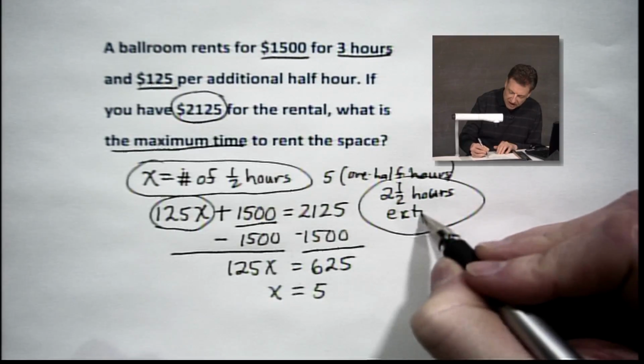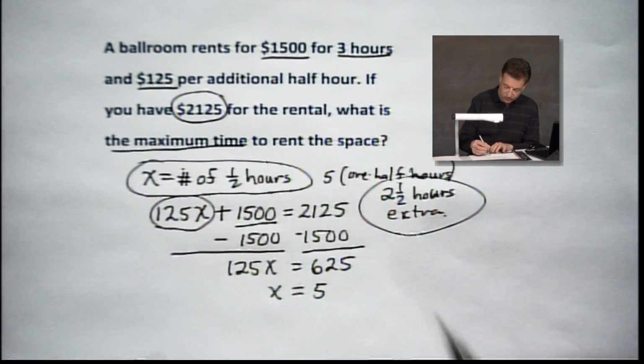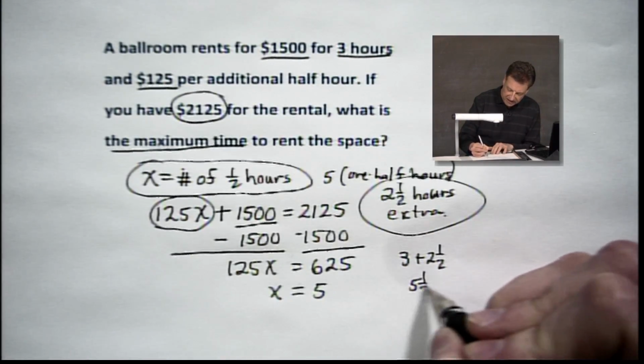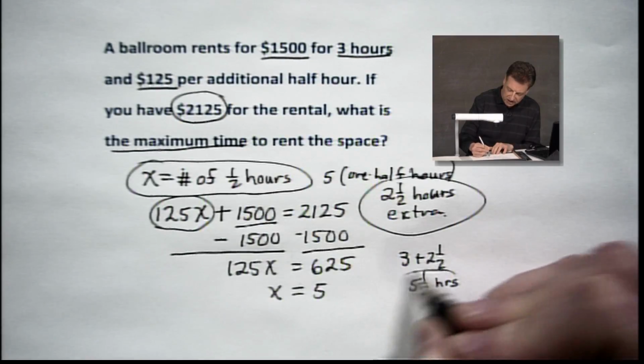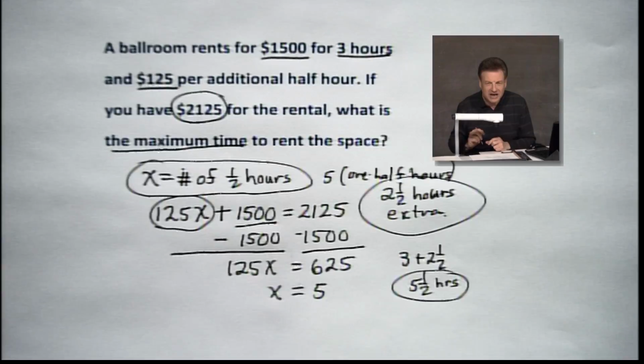We'll call it 2.5 hours extra we can afford. Plus, we have the 3 hours already, so 3 plus 2.5. Wow, 5.5 hours we can afford to rent this space. For whatever party's going on or whatever we're doing, that's what we have with $2,125 set aside for our rent. That is what we can afford, and that's where we go.